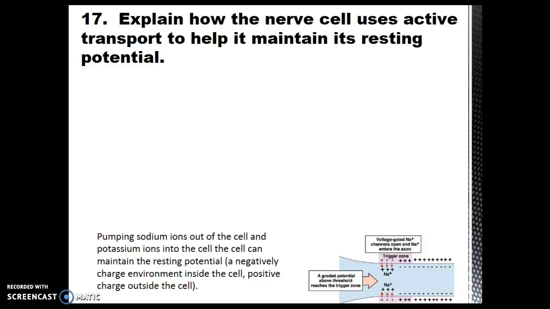That's pumping sodium ions out of the cell and potassium ions into the cell. The cell can maintain the resting potential, or a negatively charged environment inside the cell and the positive charge outside the cell. So to be able to do that, they have to use active transport.